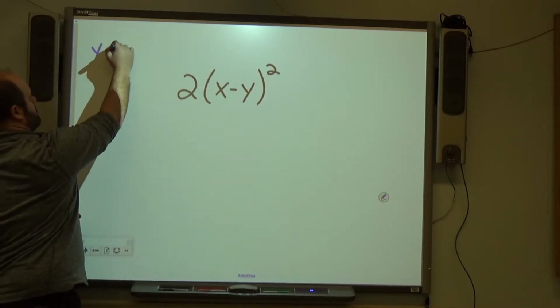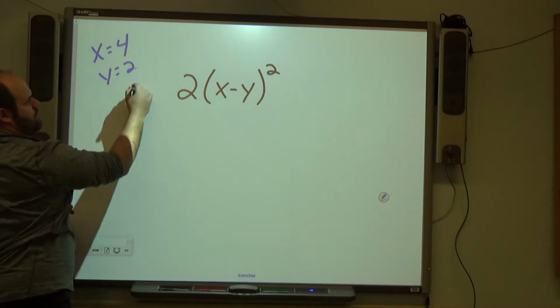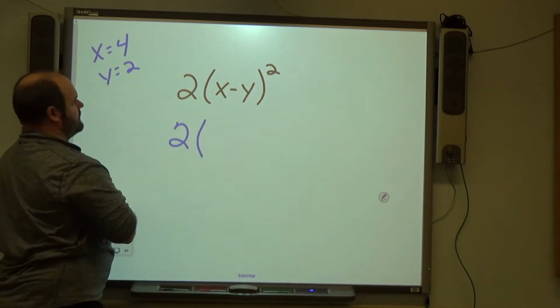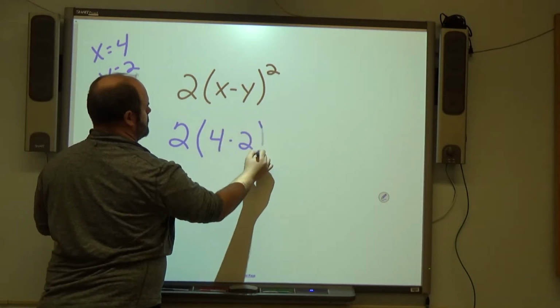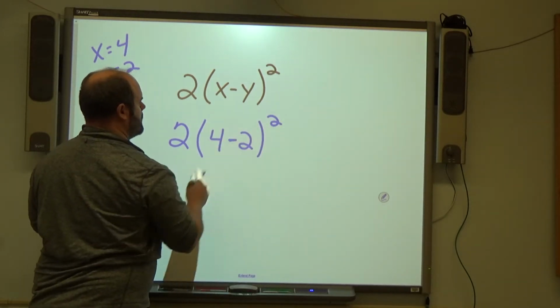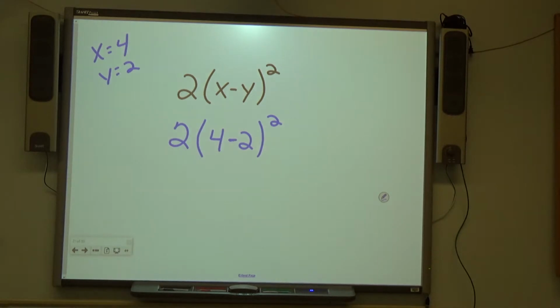Okay, another one. First thing we do is we substitute x and y in. Okay, and now this one we have to be careful on because we do have a power of 2 on the outside, but by order of operations we have to do what's in the parentheses first.